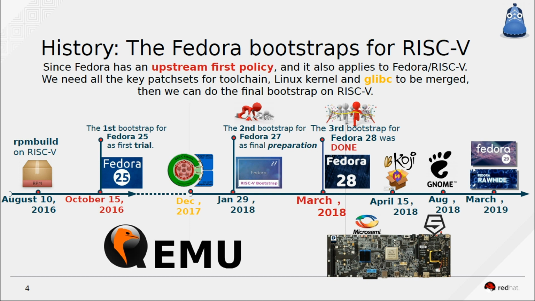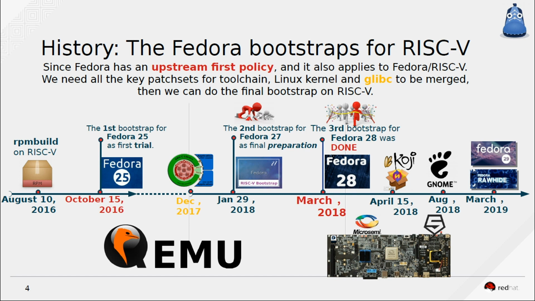Nearly 2 years ago, Richard Jones, who is a pioneer in this area, made RPM build run on QEMU for RISC-V. I saw it as a historical milestone for RISC-V, because once we can run this tool, that means we can build packages and make a Fedora image from that.